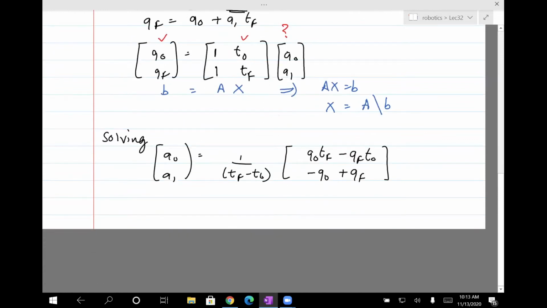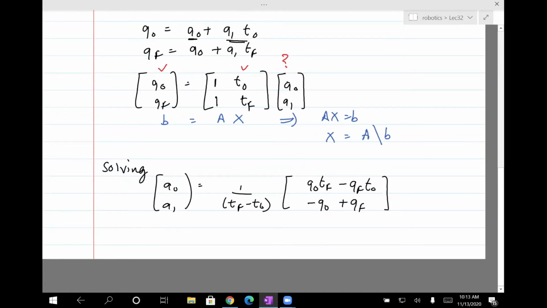Okay, so we've got a0 and a1. In other words, we've found out what q of t looks like.